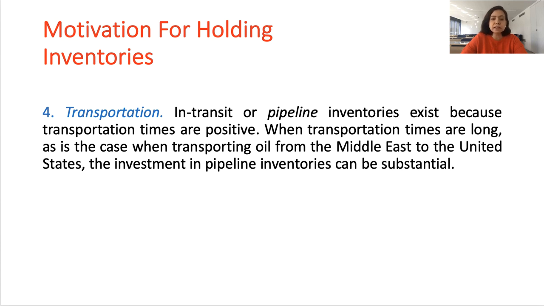In that case, the investment in pipeline inventories can be substantial. So, when we make overseas transportation, during all this transportation time we hold inventory, and this increases our investment in inventories. For that reason, companies may prefer to establish their production operations domestically.